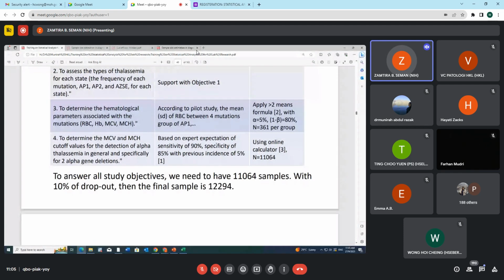We want to find out what is the cut off point, for example MCH to detect deletion, for example, in this situation. Meaning to say, ROC applies one numerical, one categorical.